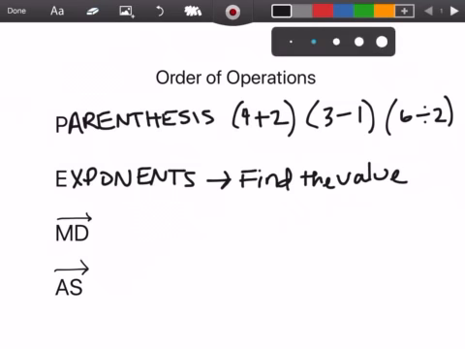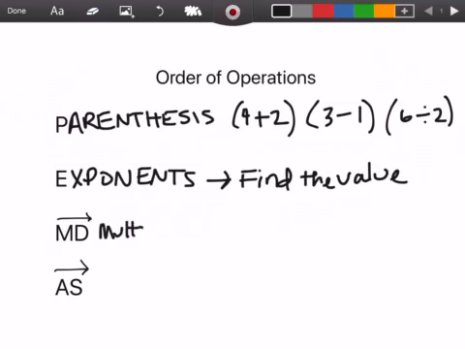The next step is M and D. These two steps go together. You decide which one to do first based on the order that they appear in the problem. So M is multiply, and D is divide. And we do these from left to right.